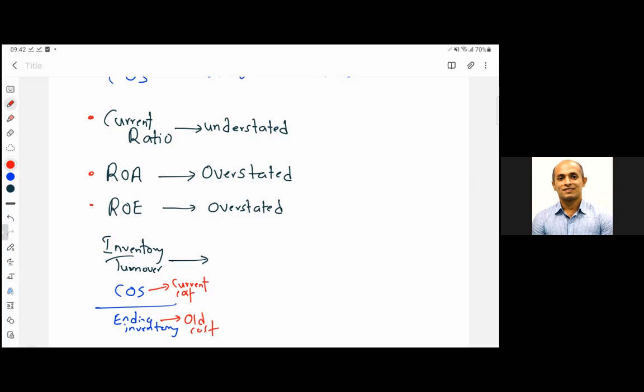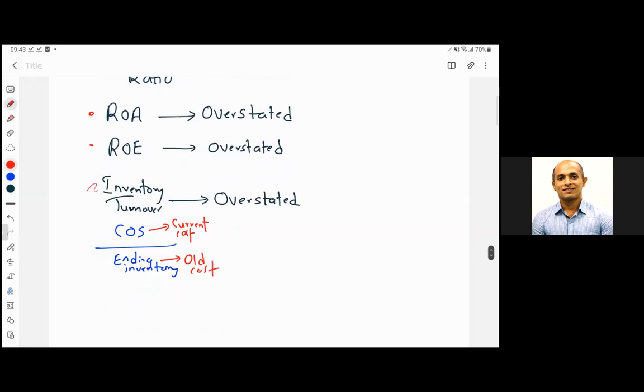Then what is the impact? Old costs are lower than the current cost. Then how is this ratio affected? Current cost is higher than the old cost. Then what happens is the ratio is overstated. Inventory turnover overstated. When inventory turnover is overstated, what happens? Inventory holding period.